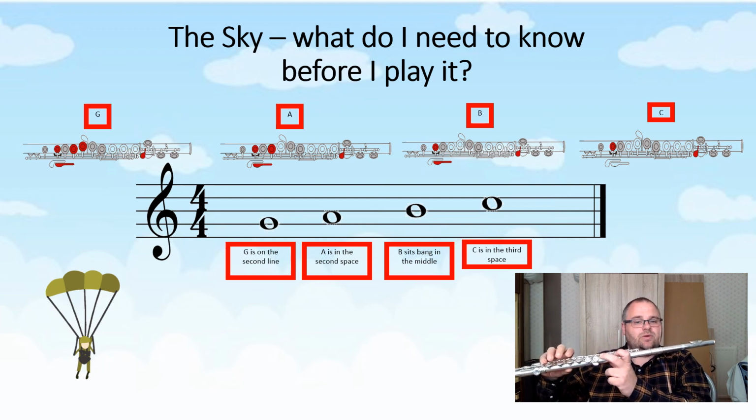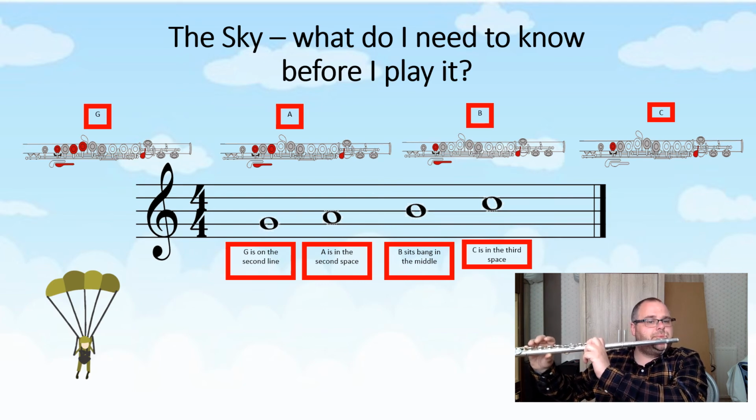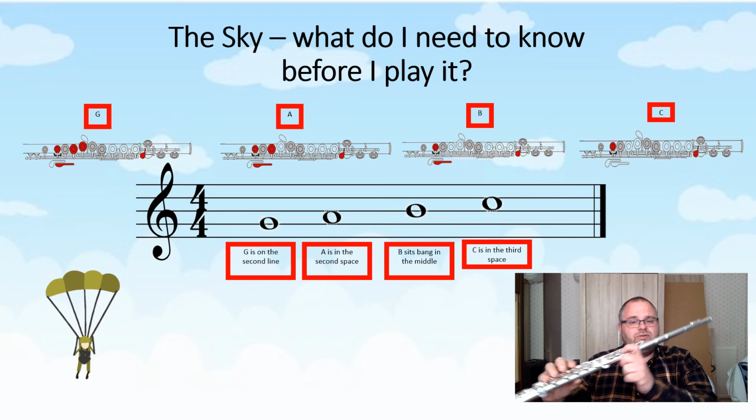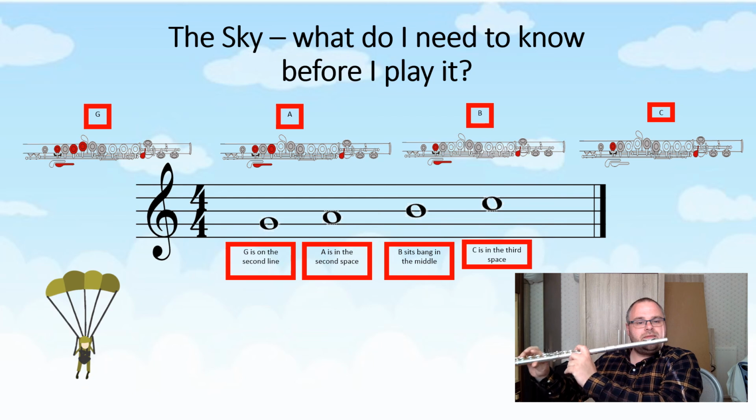To play B, we lift our middle finger off. And finally, to play C, all we do is take our thumb off the back.